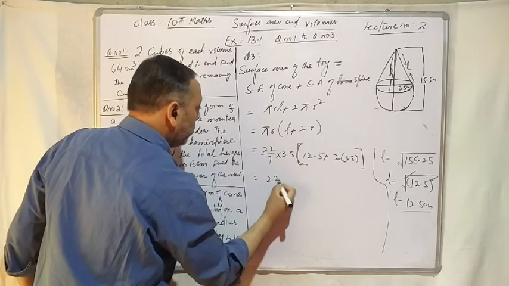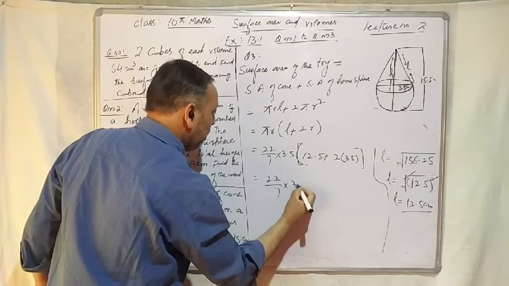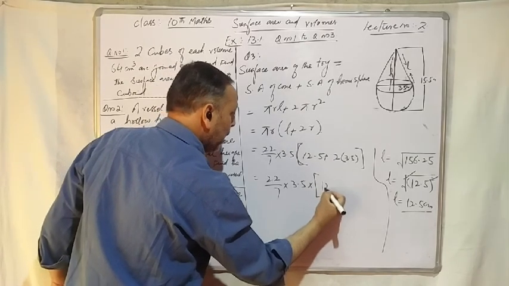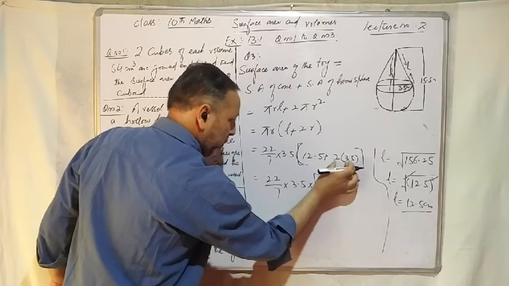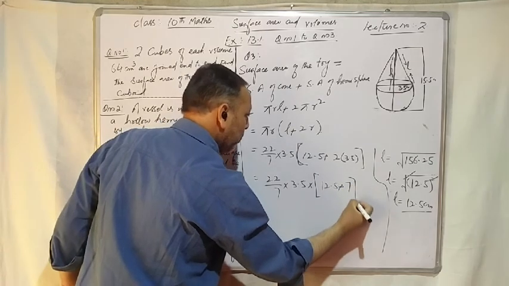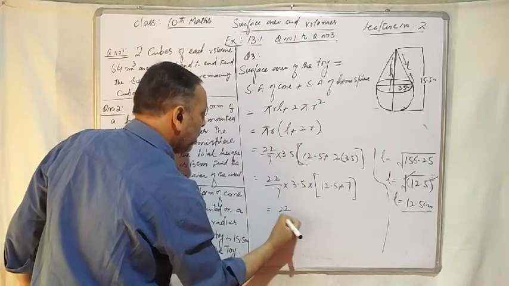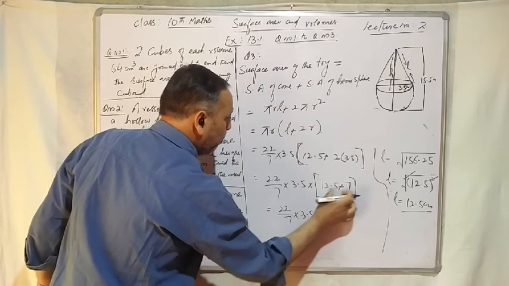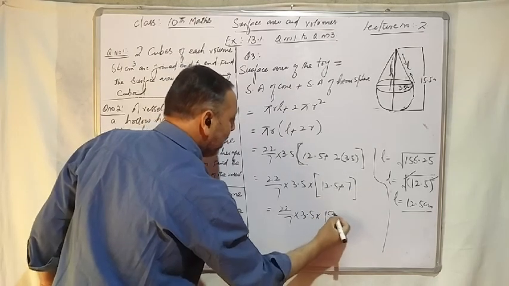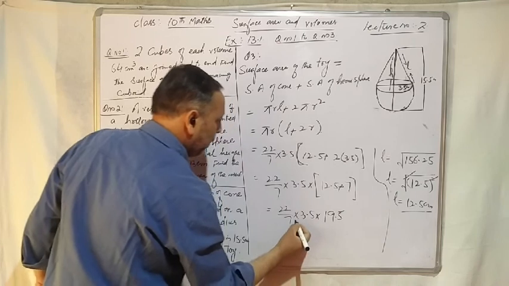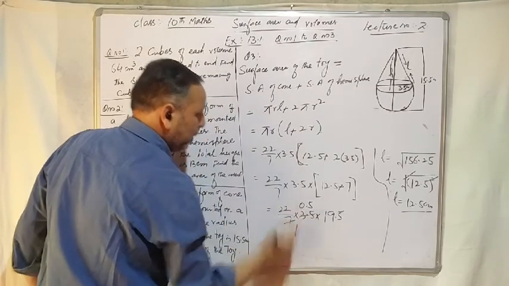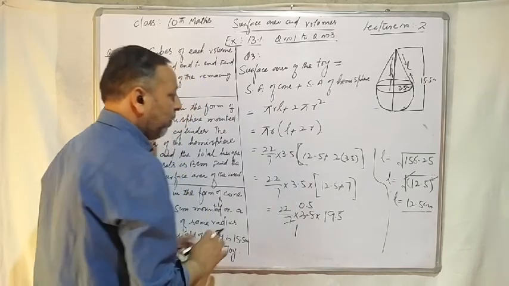So it is 22 by 7 into 3.5 into 12.5 plus 3.5 into 2, which means 7. It is 22 by 7 into 3.5 into 12.5 plus 7, which is 19.5. 7 1 is 7, 7 0.5 means 3.5.